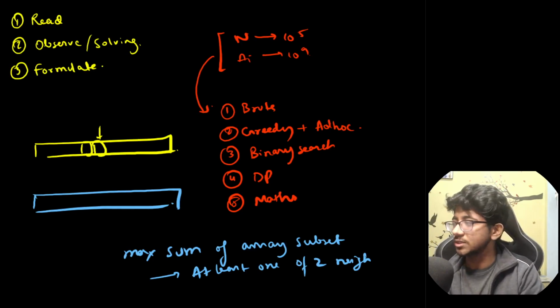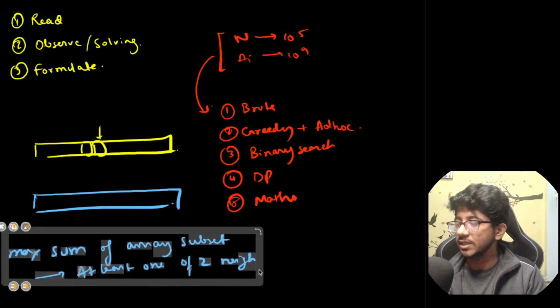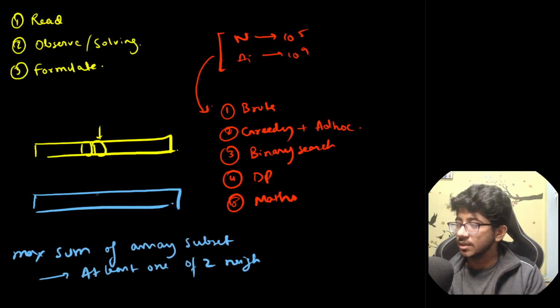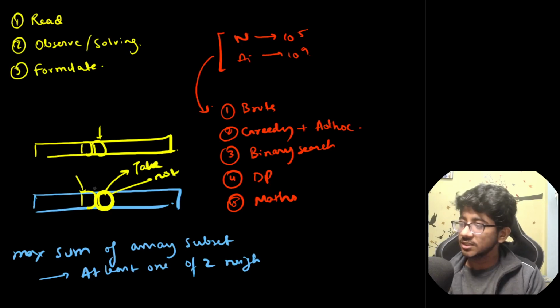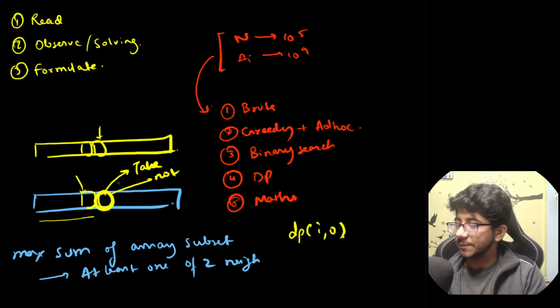If you have not solved this, you can think about this in terms of DP, that maybe the choice to take this or not take this depends upon whether we have taken the previous element or not. So essentially this is a form of DP where we iterate from the first element to the last, and DP of i comma 0 means what is the best we can do from the ith position till the end, such that the last element has not been taken.